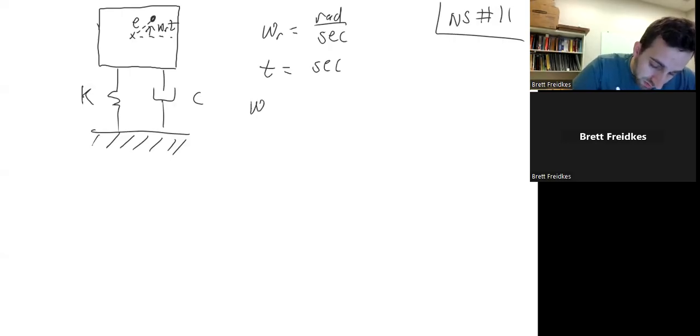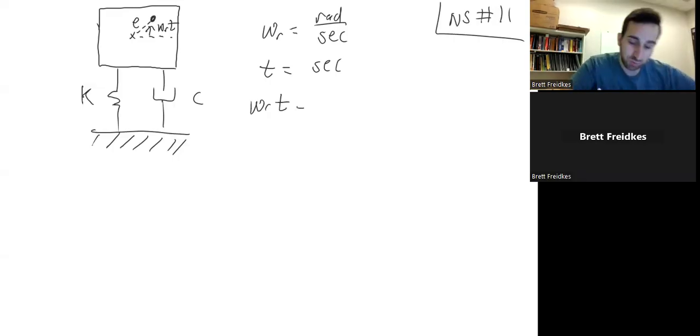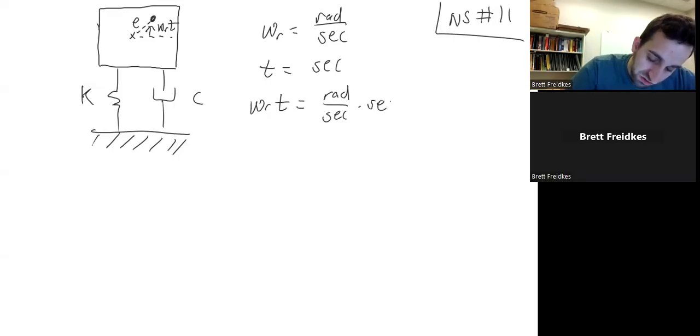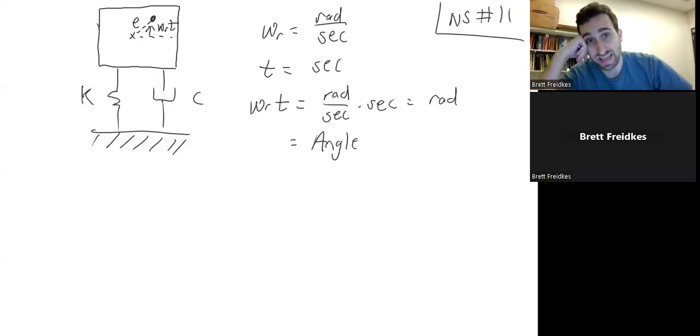So if we do omega R times T, we have radians per second times seconds. That's just going to give us radians. So omega R T is an angle, basically telling us the position of the rotating unbalance.